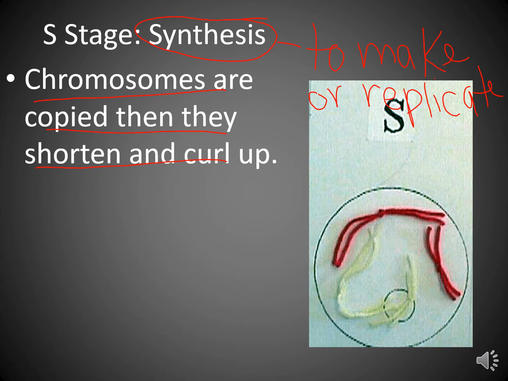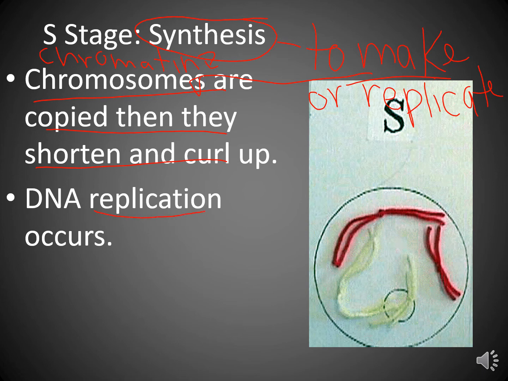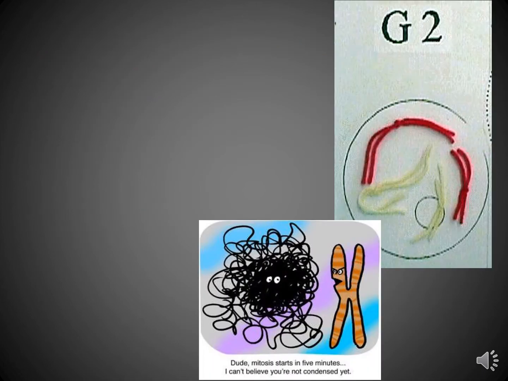So we actually have chromatin inside the interphase, and it begins to make chromosomes. So the chromatin will make and turn into chromosomes. Okay, and then when they do that, it's short and curled up. This is where DNA replication takes place. So this is why I have to make or replicate.